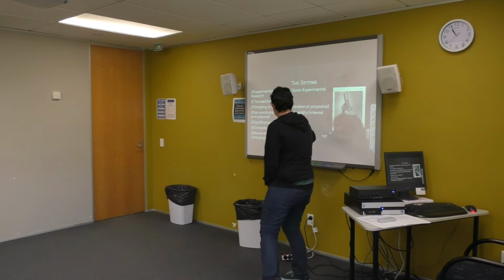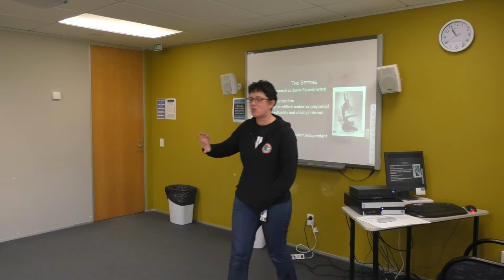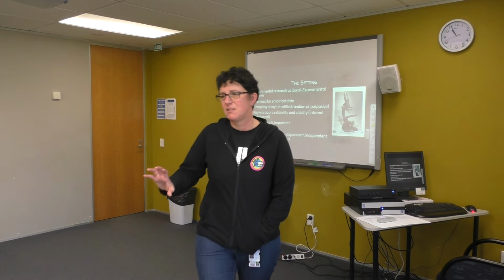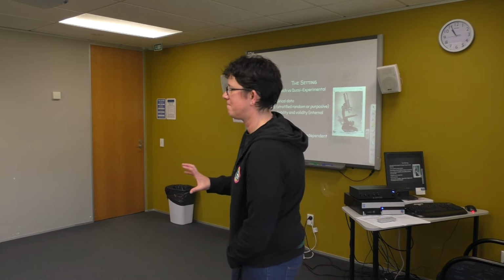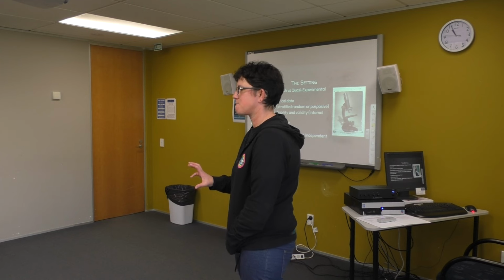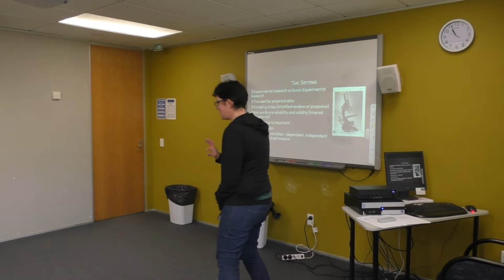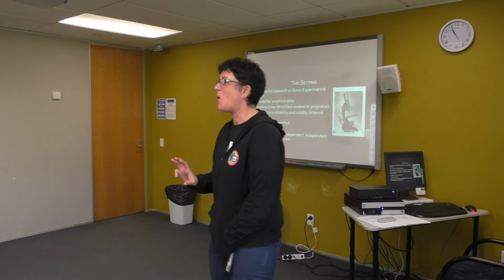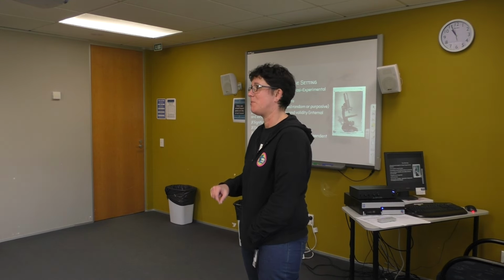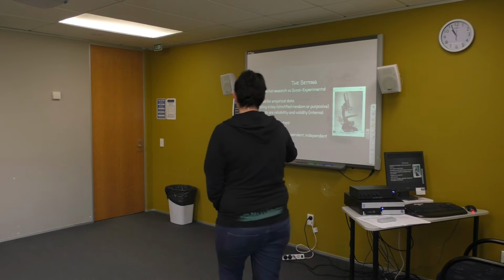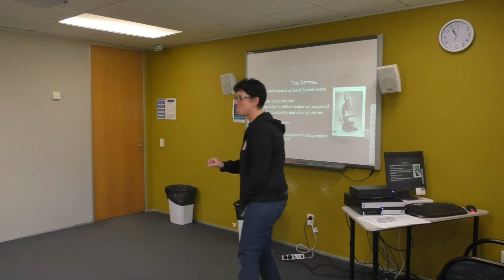So the two variables that the researchers are actually watching the whole time are the dependent and the independent variable. The way to think about these is the dependent variable is dependent on the independent variable. So the dependent variable is dependent on the independent variable.